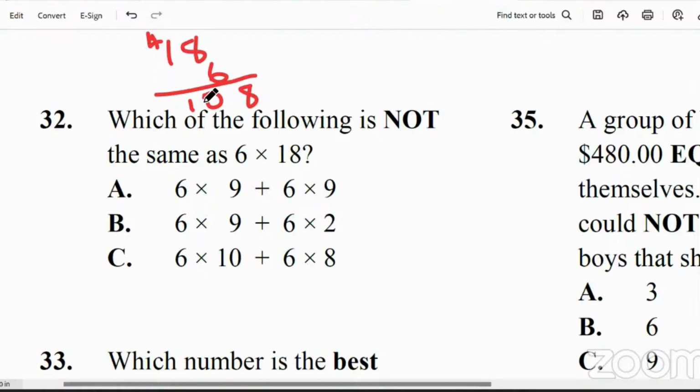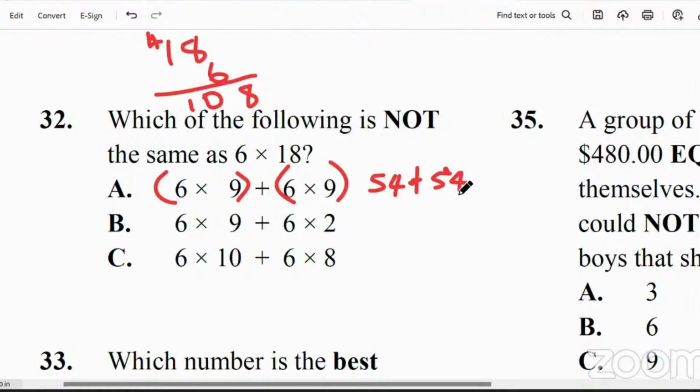So when we look at option A, you always do multiplication and division before addition and subtraction. So you would have needed to do this first and this, and then you add them together, okay? So 6 times 9, 6 nines, that's 54 plus 54. What is 54 plus 54?